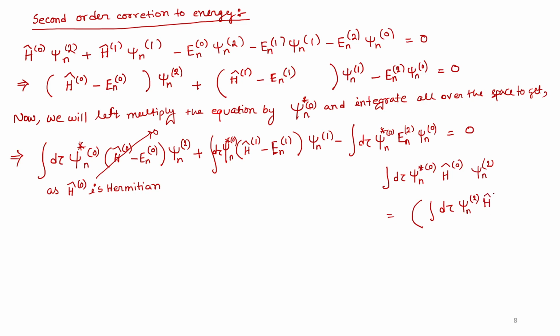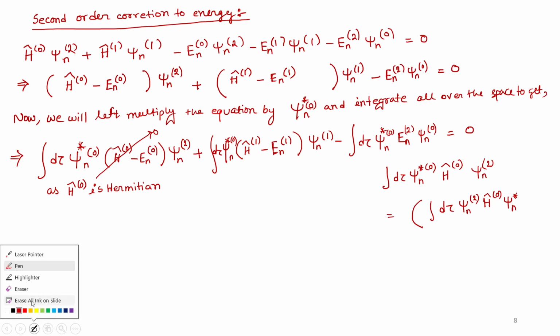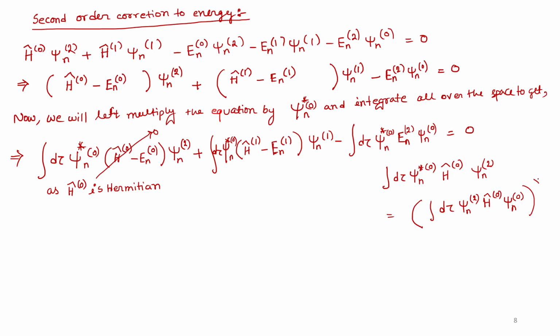We are doing this, right? I have done this earlier also once. Star, not the star would be there right now. Psi 0, right? And conjugate of all.